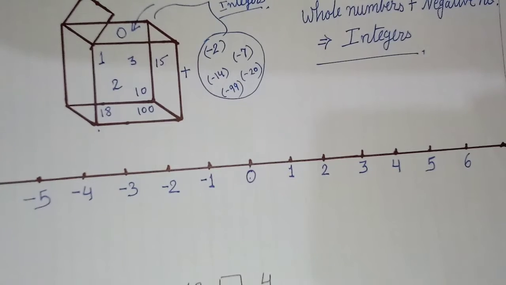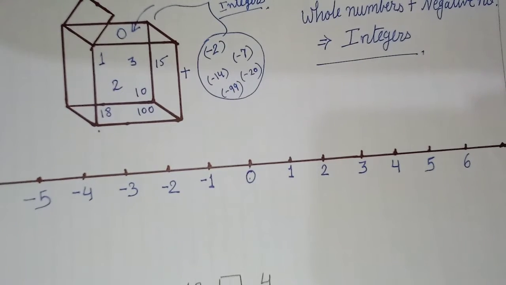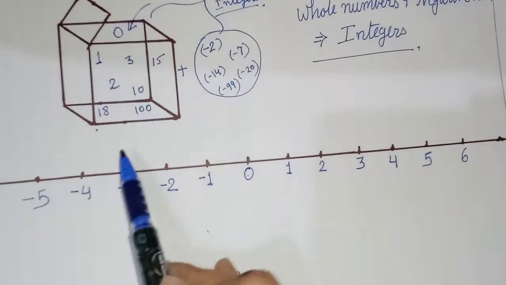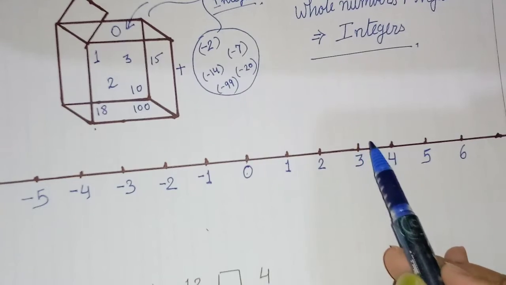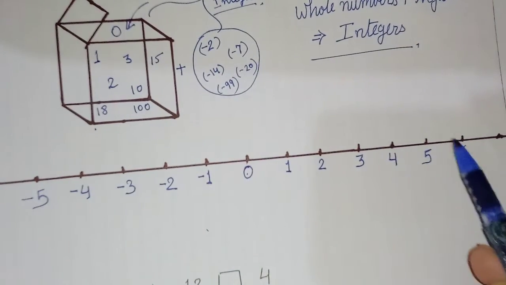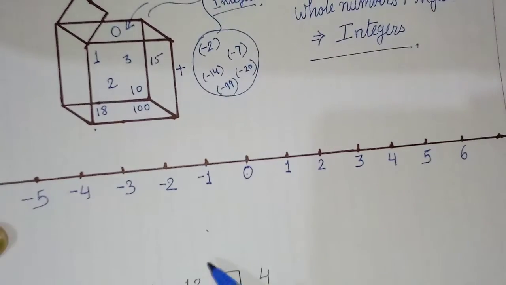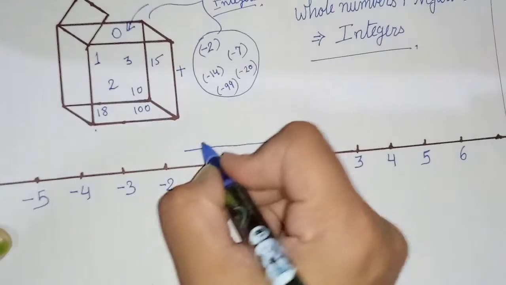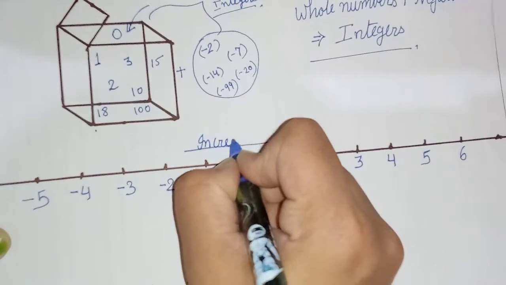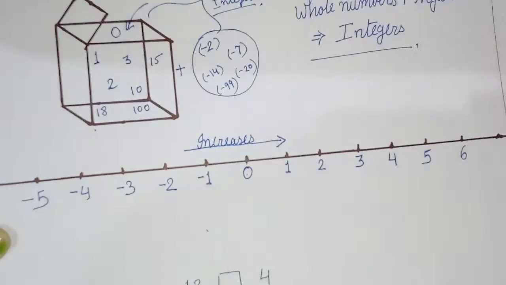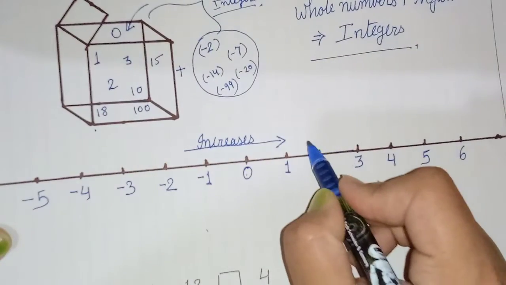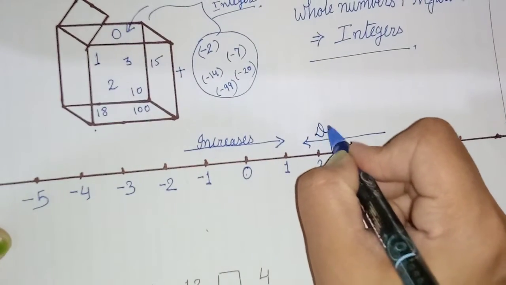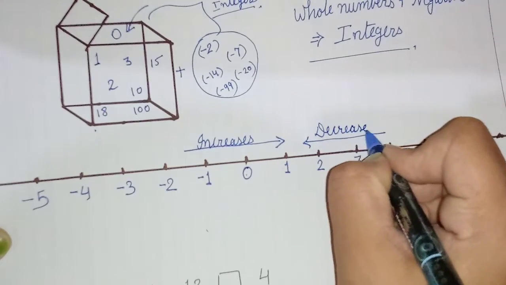What is the use of this number line? This number line helps us to compare the integers. How? If you observe here, if we move to the right side of the number line, then the number increases. If we go to the left side, then the numbers decrease.